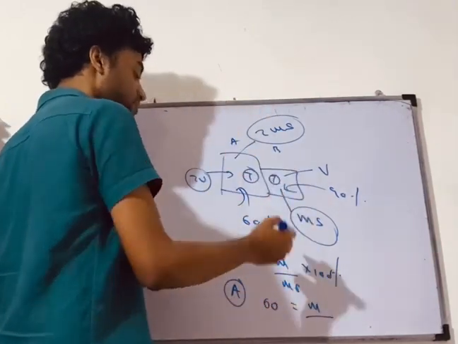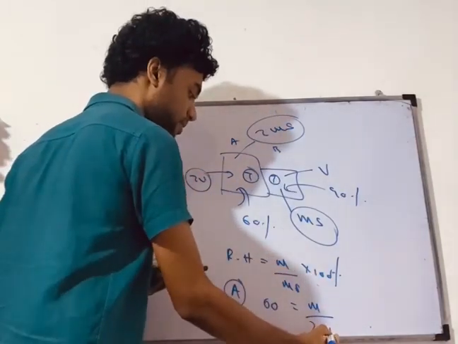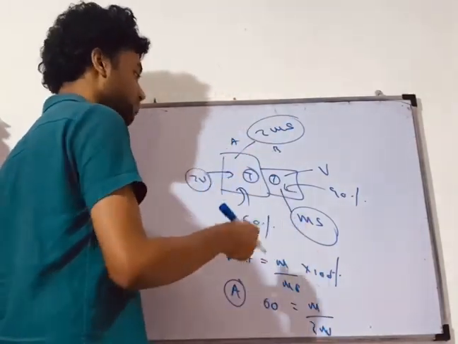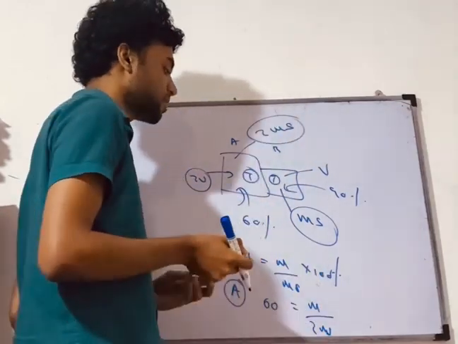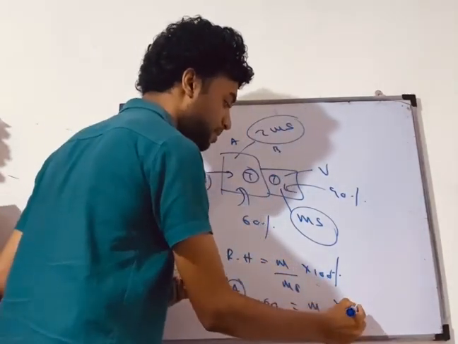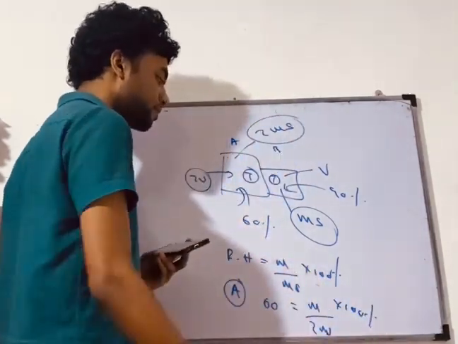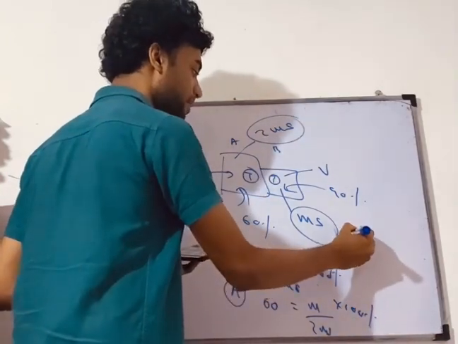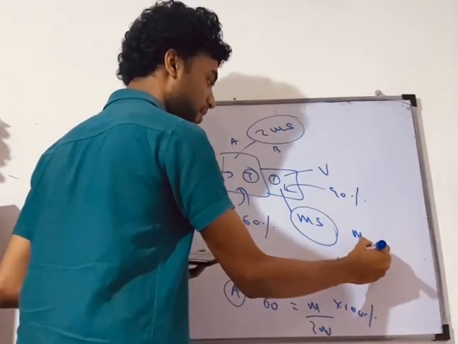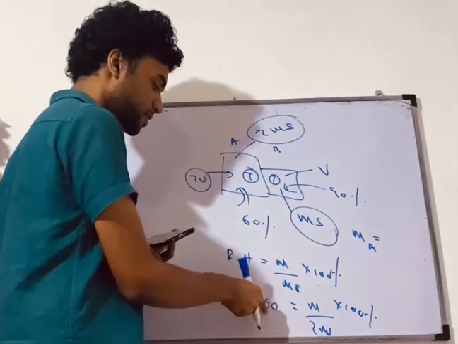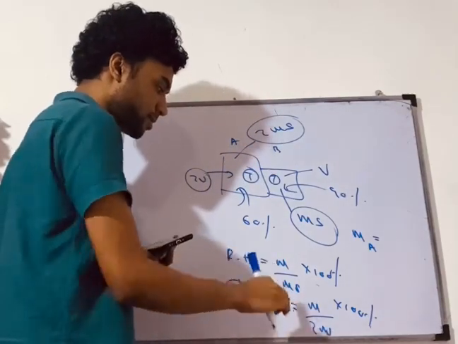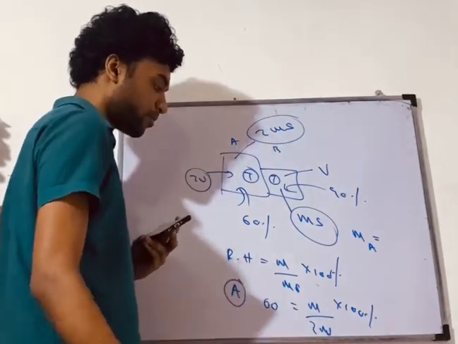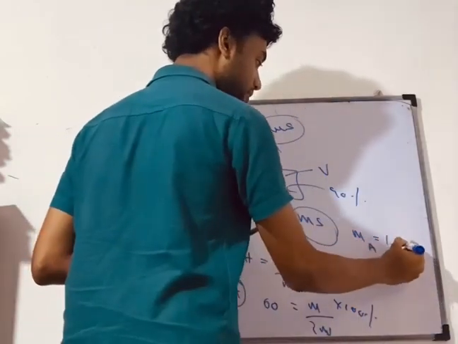And the saturated mass is going to be 2 ms. The mass that I need to saturate room A is going to be 2 ms. So I should multiply this by 100%. Then I get the mass that's available in room A. Mass in room A is going to be equal to 60 divided by 100, which is 0.6. That multiplied by 2 becomes 1.2. So I get 1.2 ms.